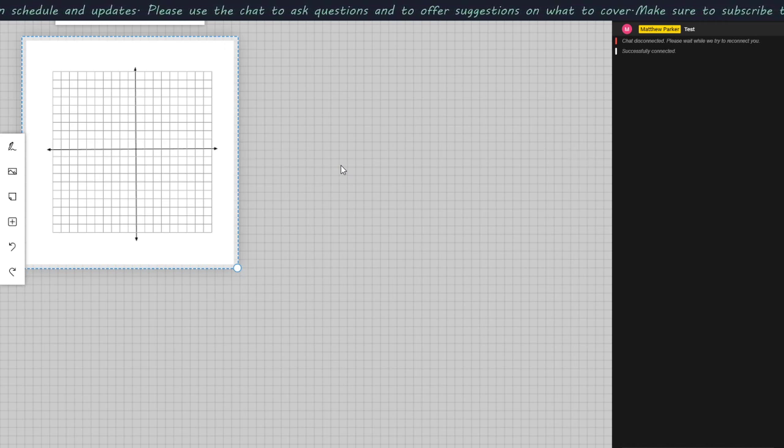So, systems of equations. We learned a couple of different ways to do it. Before I get started with this, let me get the Desmos graphing calculator open.